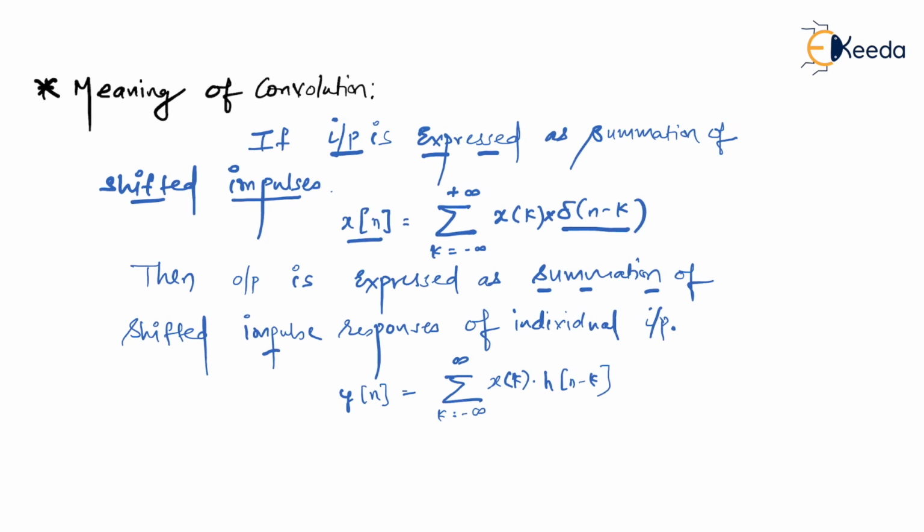And by the linearity property, that is the additivity property, if the input is expressed in the form of a summation, the output can also be expressed in the form of a summation. So that's the whole idea of convolution. Convolution is quite simple. If you understand the basic concept, it becomes very easy to deal with. This convolution is a very important topic from the GATE point of view.